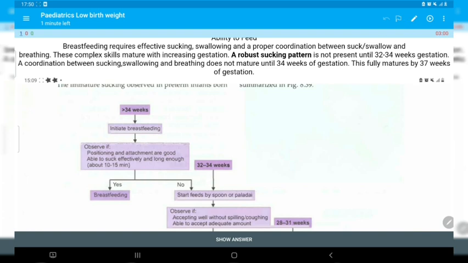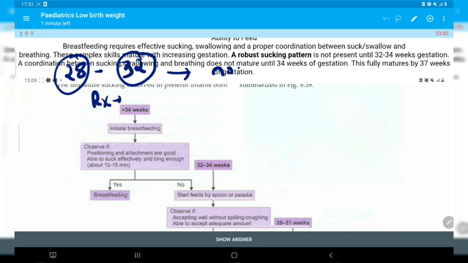Let us write it here. If the baby is 28 to 32 weeks, there is no adequate development of suckling, swallowing, and breathing. There is no coordination between these three things, so we cannot give breastfeeding. We have to feed the baby first with a nasogastric tube or an orogastric tube.